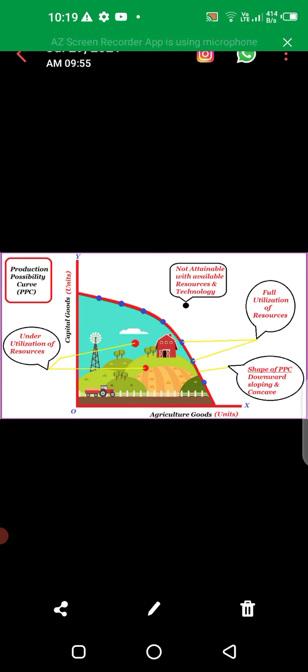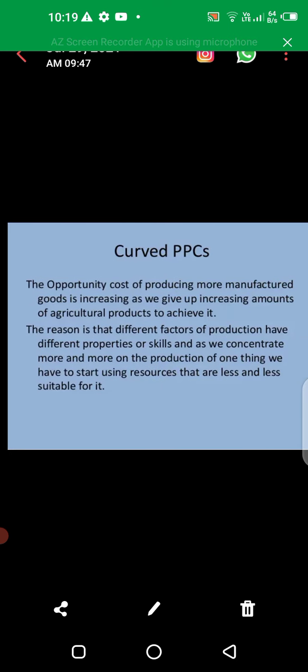On the line you can see full utilization of resources, and the shape is downward sloping and concave. At the black point, you can see it is not attainable, beyond the line of the PPC curve, with the available resources and technologies. This is the full example or diagram of the PPC curve.